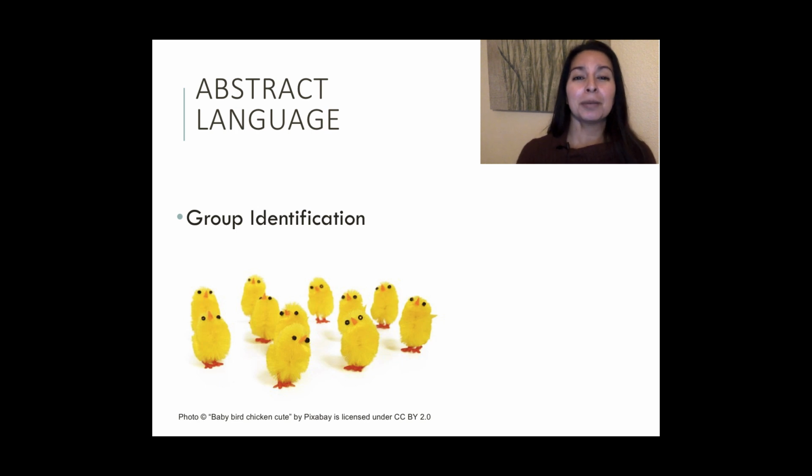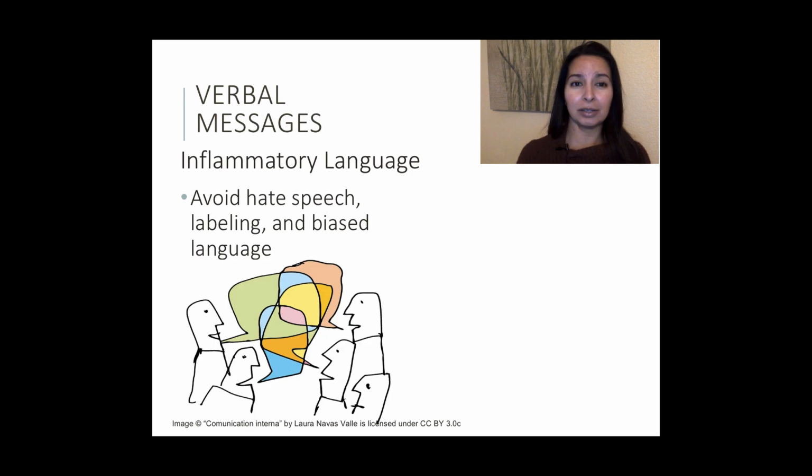Words, as you have probably experienced, can lead to confusion, misunderstandings, hurt feelings, and anger when there's a lack of clarity or when things are blurted out before considering what is being said. But there's some language we engage in that is often inflammatory. These include things like hate speech, labeling, and bias language.